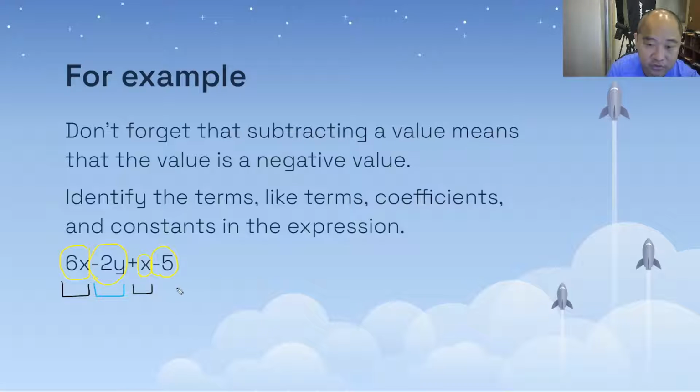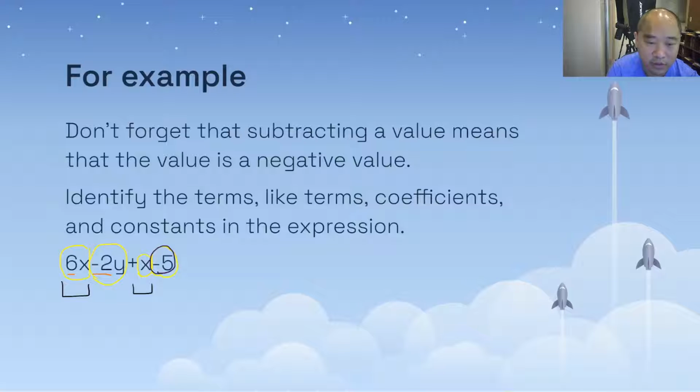Negative 2y and negative 5 are not like terms. The coefficients are 6, negative 2. The constants are just negative 5. I'm running out of colors here. Negative 5. Yeah, that's all I want you to do.